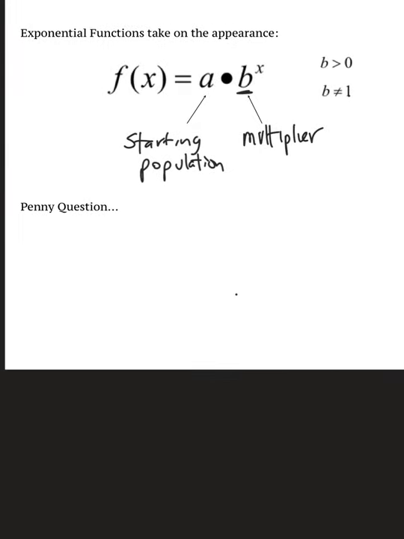One of the questions I always like to put out there whenever we're talking about exponentials is, I want you to imagine that there's a lottery and that you win this lottery. It's a state lottery. And you can have one of two choices. One choice is that you get $1,000 every day for 30 days.